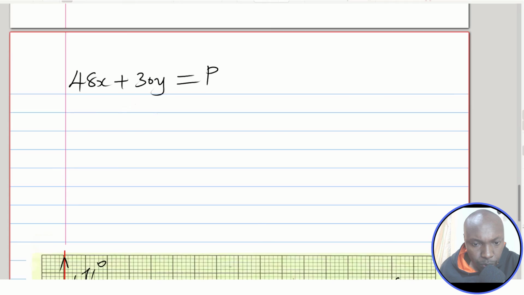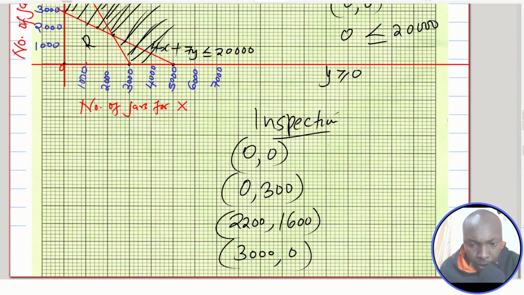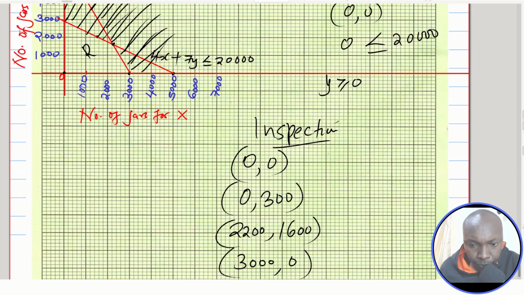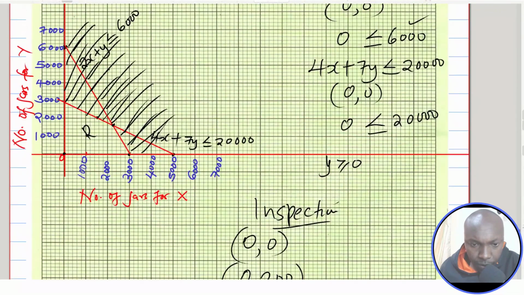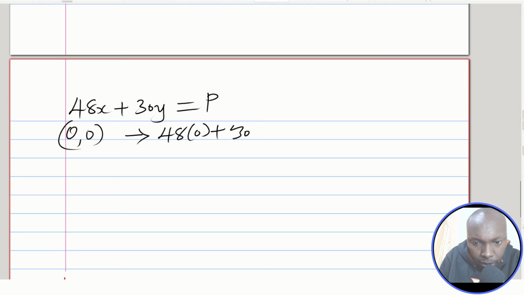So we are going to test using the first point. I think I should create a table here. The first one is 0, 0. When you test 0, 0, you get 48 times 0 plus 30 times 0, so this gives 0.